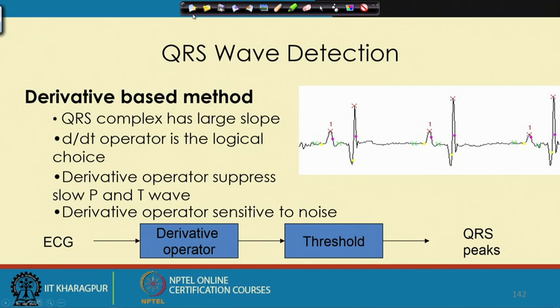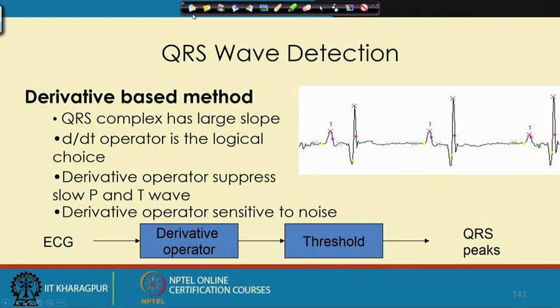We have already seen that if we take a gradient operator, that helps to boost the high frequency signal, so that becomes a logical choice for the detection of the QRS complex.